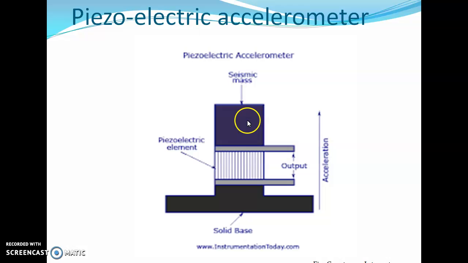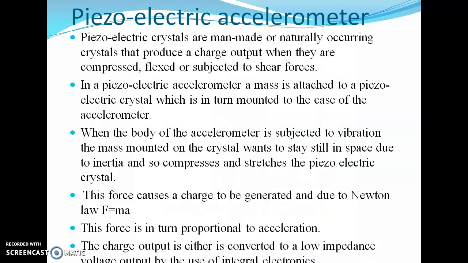This mass is used to apply pressure or force on this piezoelectric element. Now this force causes a charge to be generated, and due to Newton's law, F is equal to ma, this force is in turn proportional to acceleration.